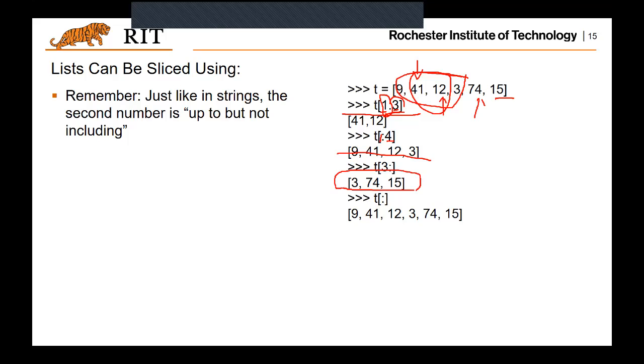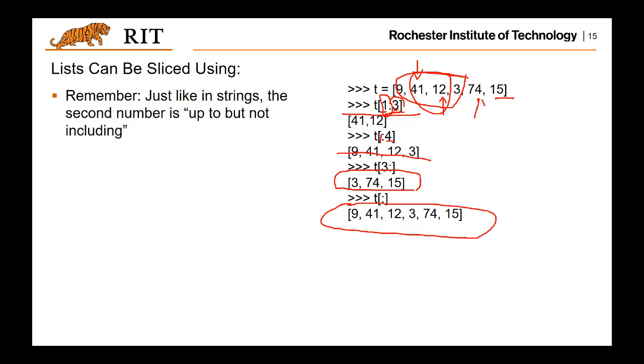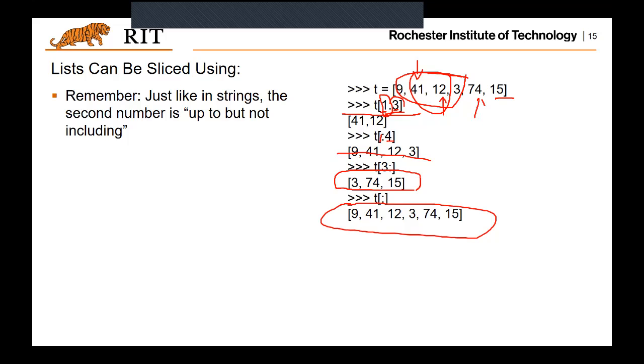Well, it will take all the elements inside the list. So these are the different usages of the way you slice a list using indexes, exactly the same as what you did for the string. All right. Any question? Okay, let's move on.